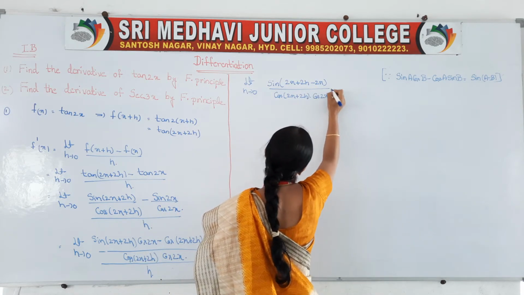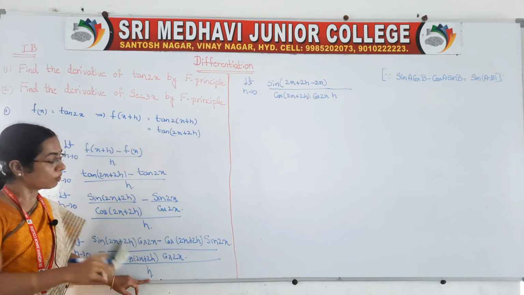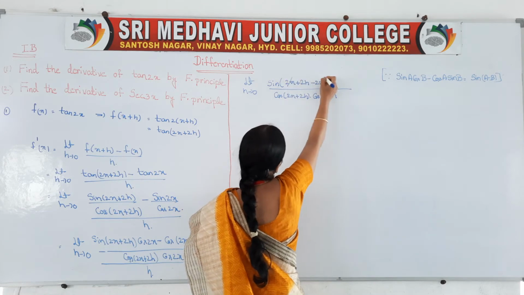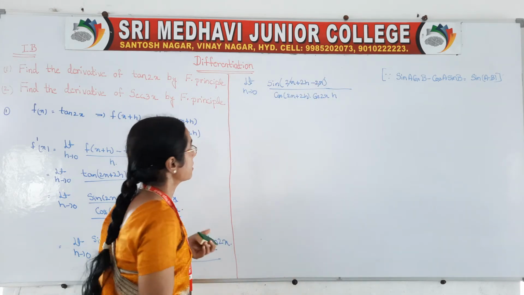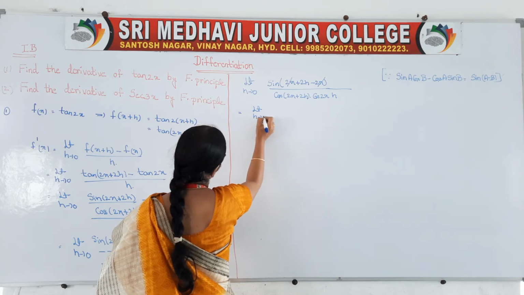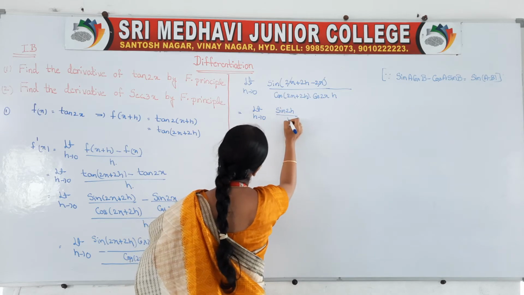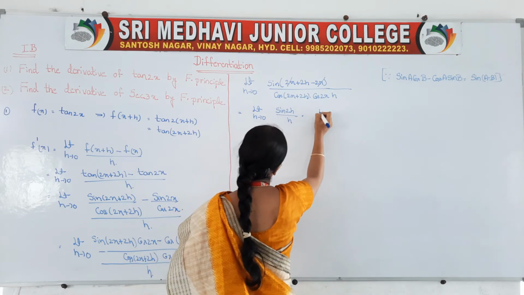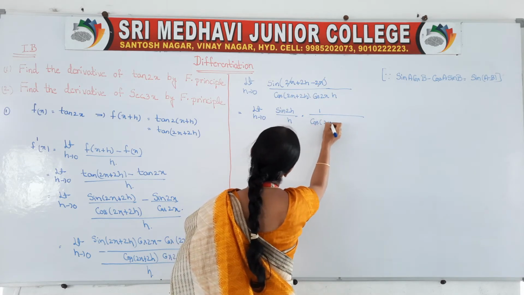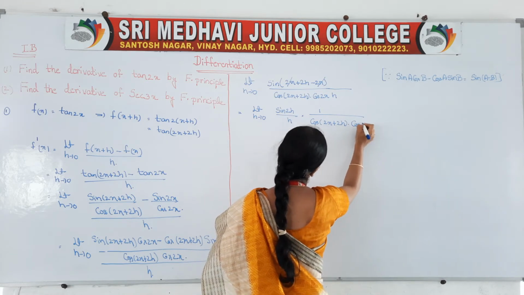If it comes up, it will be h by 1, it will be reversed, so 1 by h. Here 2x minus 2x cancels, and the next step we can write limit h tends to 0 of sin 2h by h, times 1 by cos(2x plus 2h) into cos 2x.